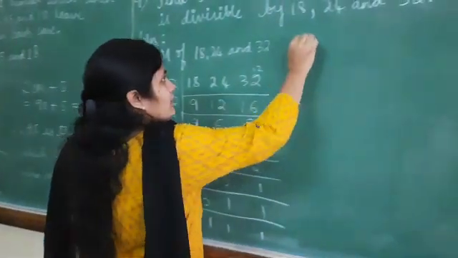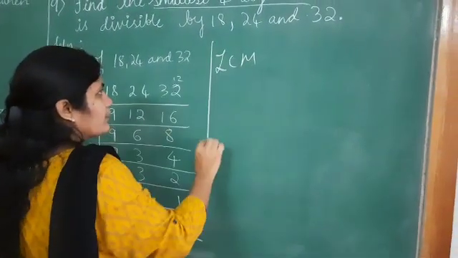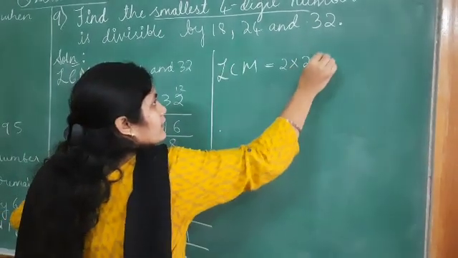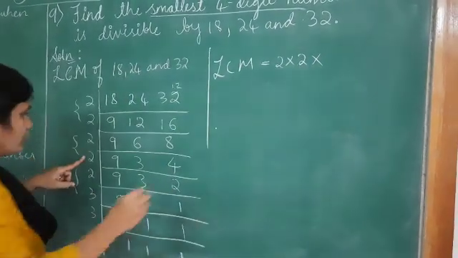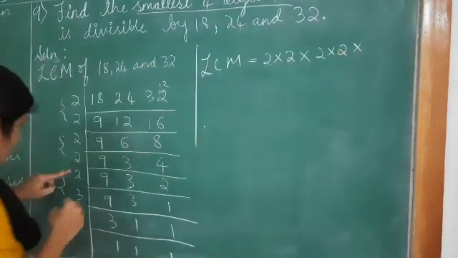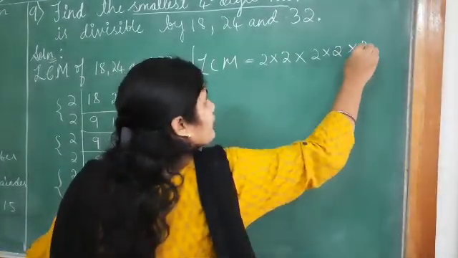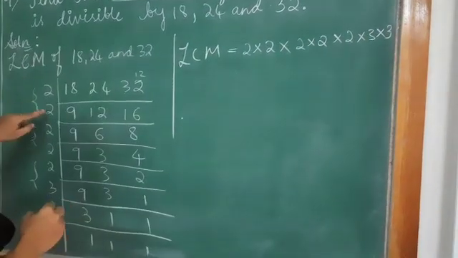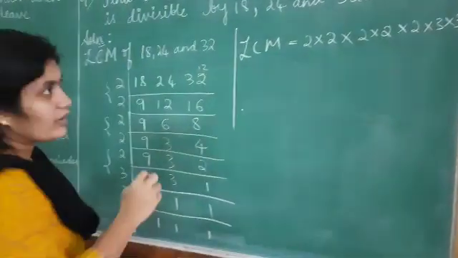This LCM is equal to 2 into 2 into 2 into 2 into 2 into 3 into 3. We have 7 factors.